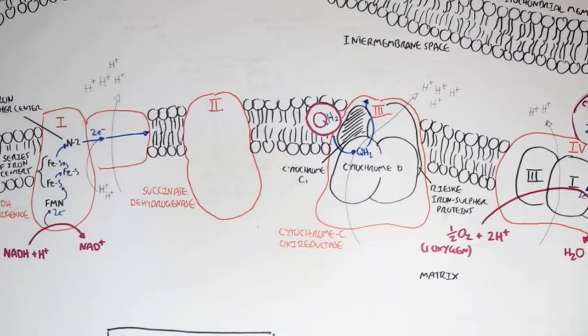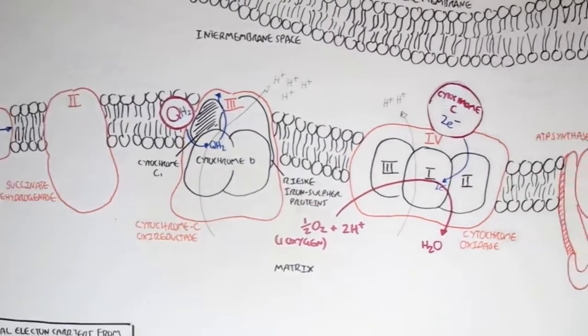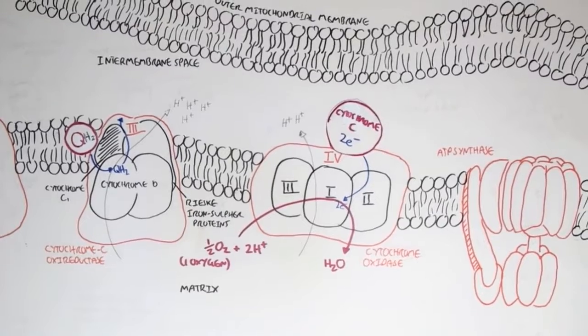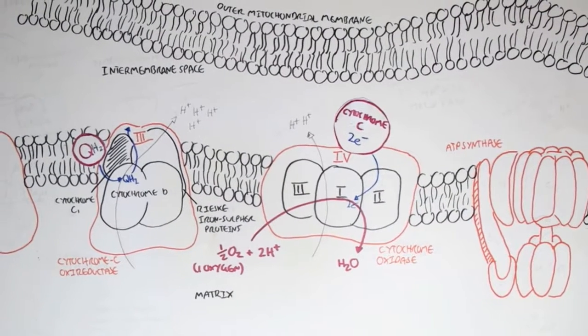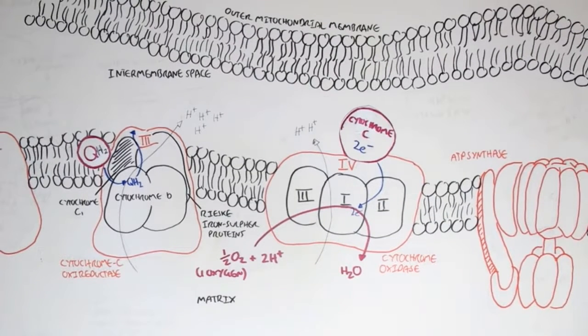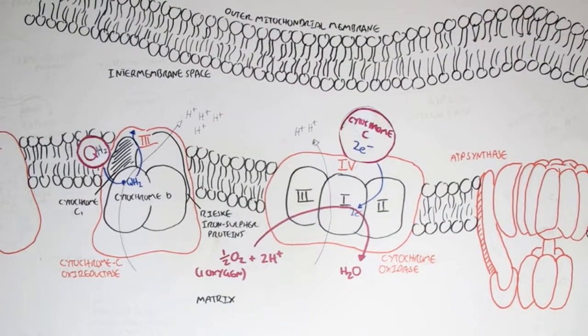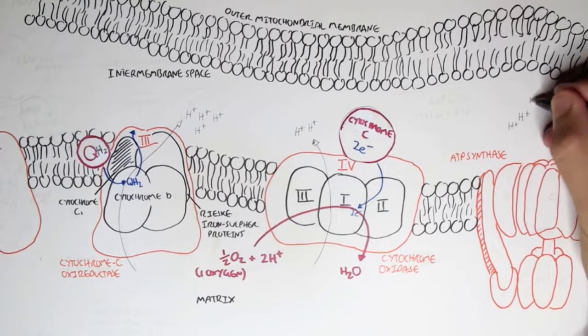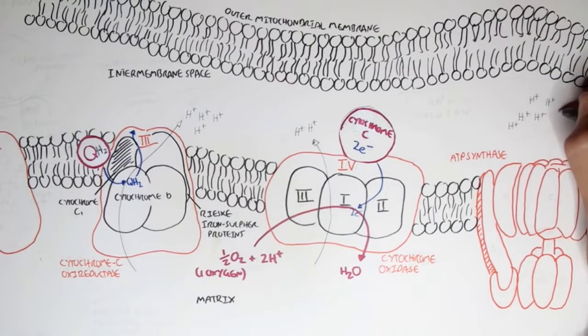And so now, if we calculate all the protons pumped from one NADH, we have got 4 from complex 1, another 4 hydrogen ions pumped from complex 3, and another 2 from complex 4, giving us a total of 10 hydrogen ions, 10 protons being pumped from the matrix into the intermembrane space through one NADH molecule.